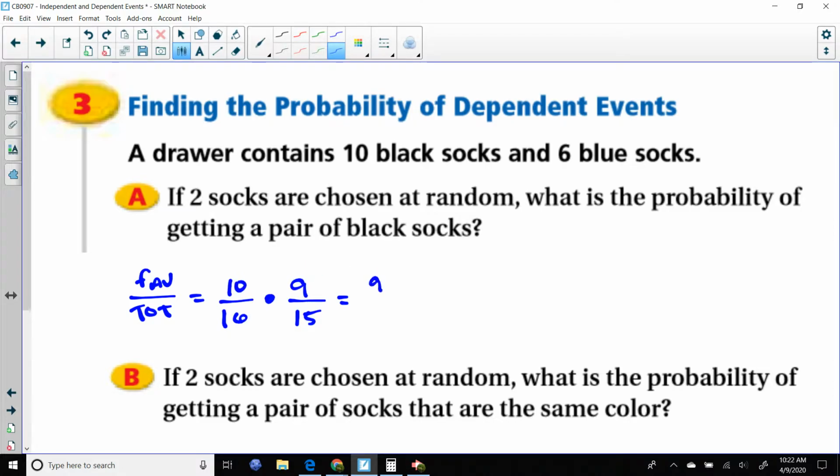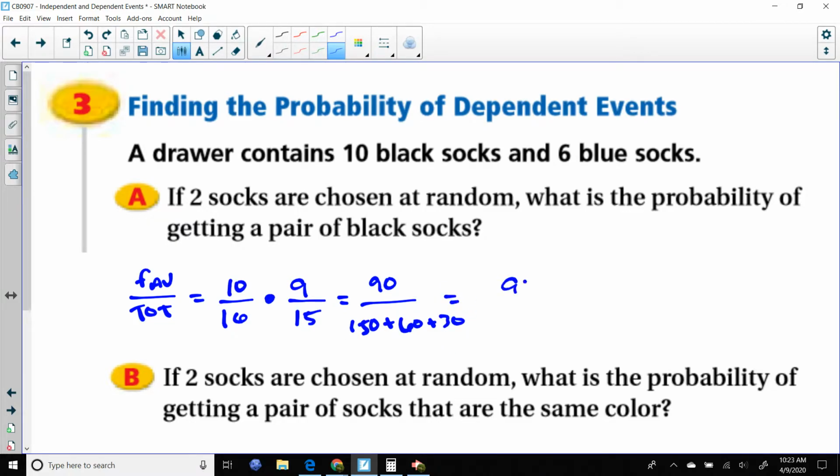10 times 9 is 90. 16 times 15 is going to be 150 plus 6 times 15, I'll just do the math real quick. It's 150 plus 60 plus 30, which is 210 plus 30 is 240.